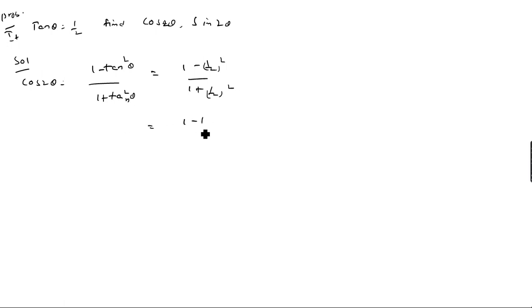So we get 1 minus 1 by 4 by 1 plus 1 by 4. So we get 4 minus 1 by 4 by 4 plus 1 by 4. 4 is cancelled, and we get 3 by 5. So therefore the cos 2 theta value is equal to 3 by 5.